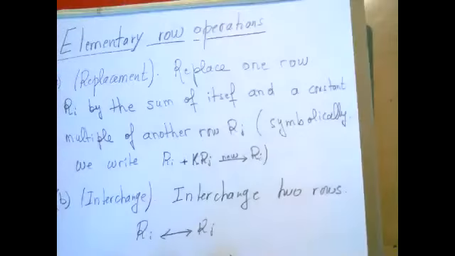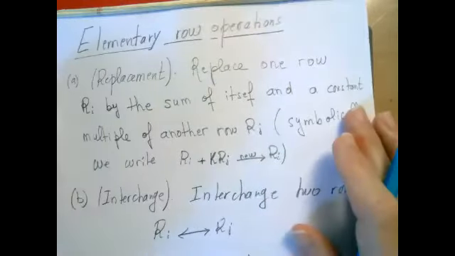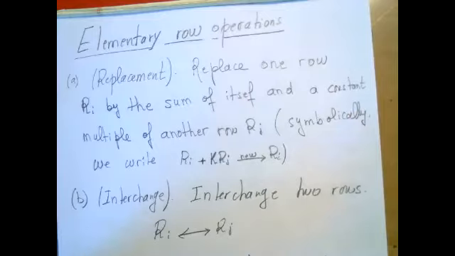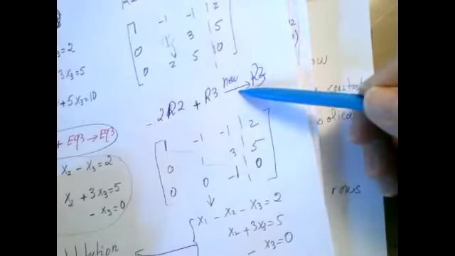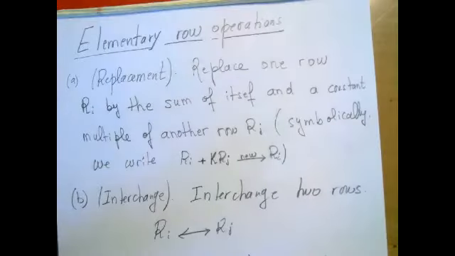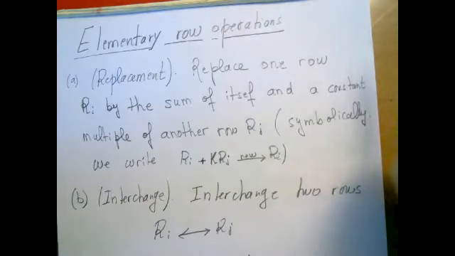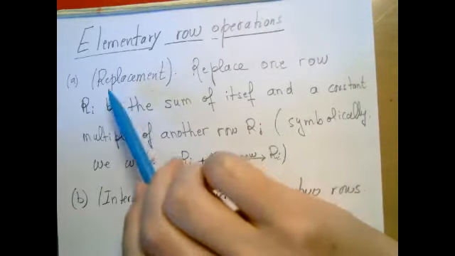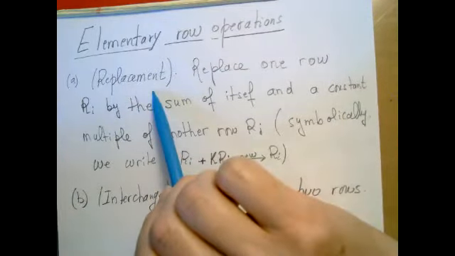So the first definition is elementary row operation. Elementary row operations are the operations that I performed on the matrix here to be able to reduce it, quote unquote. So what are the elementary row operations? Replacement. What's the replacement?